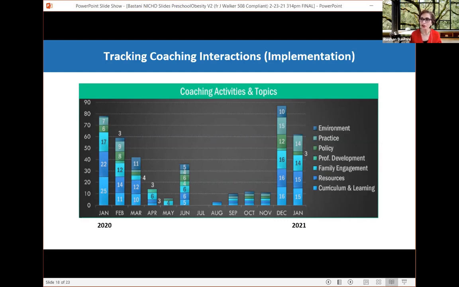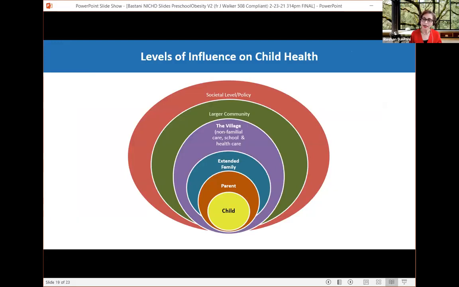So I hope that this gives you a sense. I try to focus on the implementation aspects versus other aspects of the study. And as we heard before, any outcomes we observe at the level of the child are really a function of many levels of influence. And when you do real world implementation research, it is important to incorporate multiple levels of influence, like we're trying to do in our study.